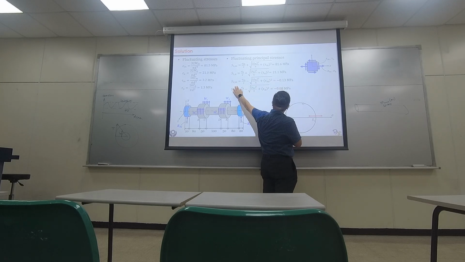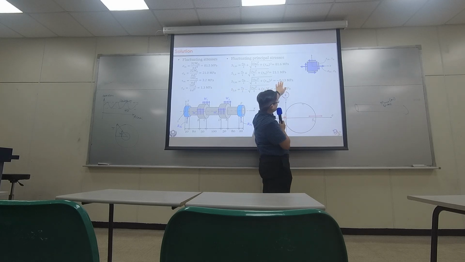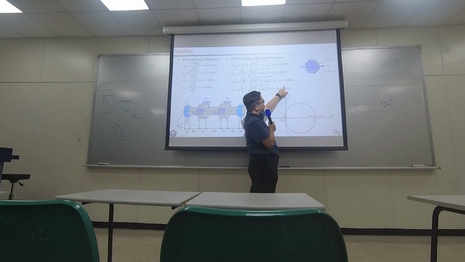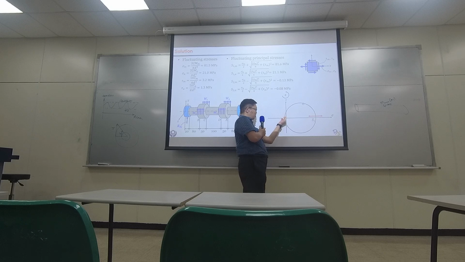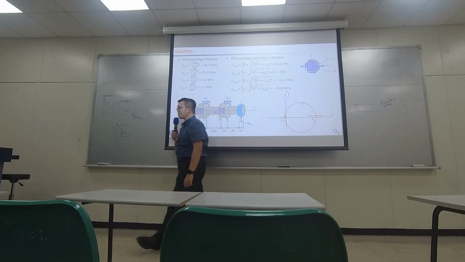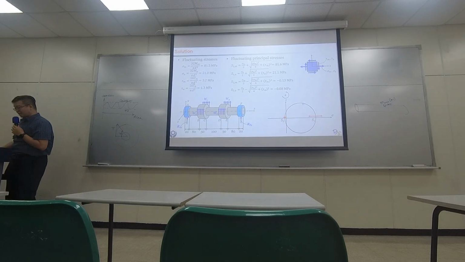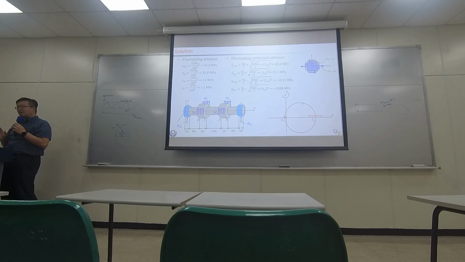Similarly, for principal stress number 2, the mean value is negative 0.13 megapascal plus and minus 0.08 megapascal. So this is small, okay? If you can do that, then we can now talk about fatigue.